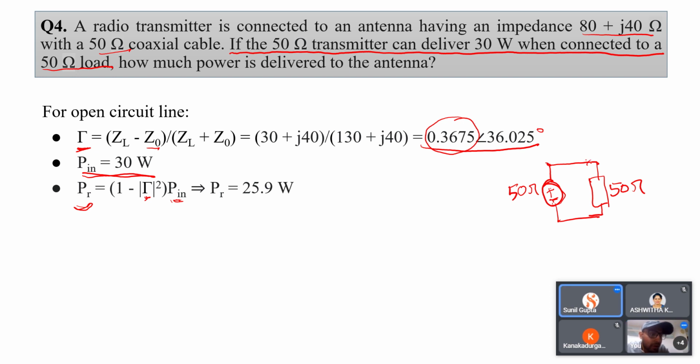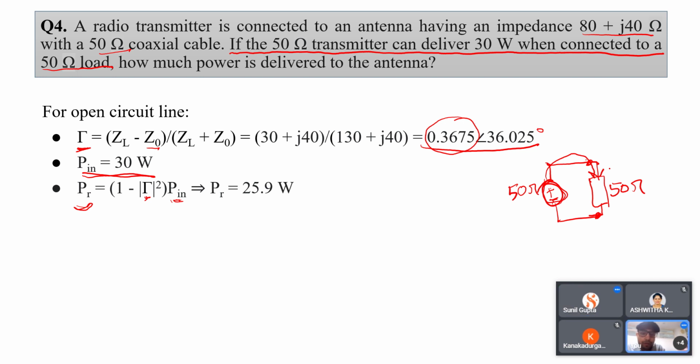Tell me how much reflection you will get at the source side. No reflection. So whatever power is delivered by the source, the load will get the same, because there is no reflection.